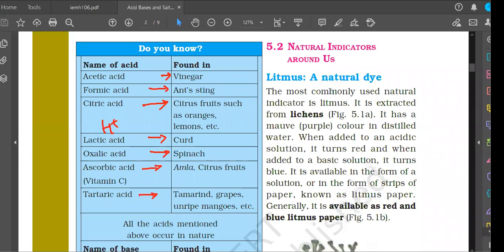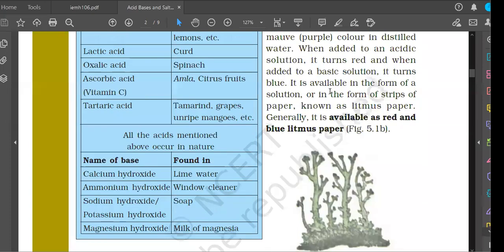See bases, so lime water. We have calcium hydroxide. What's the formula of calcium hydroxide? Hydroxide is OH, calcium is Ca. We will study how to find the formula.